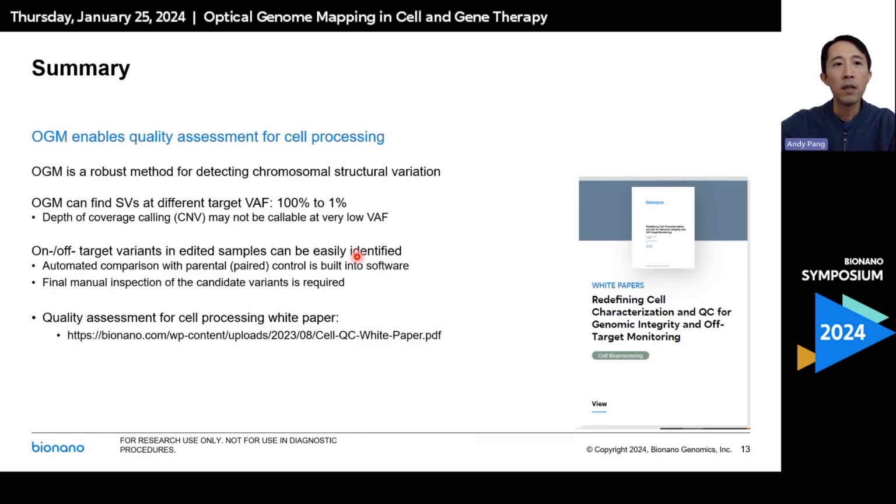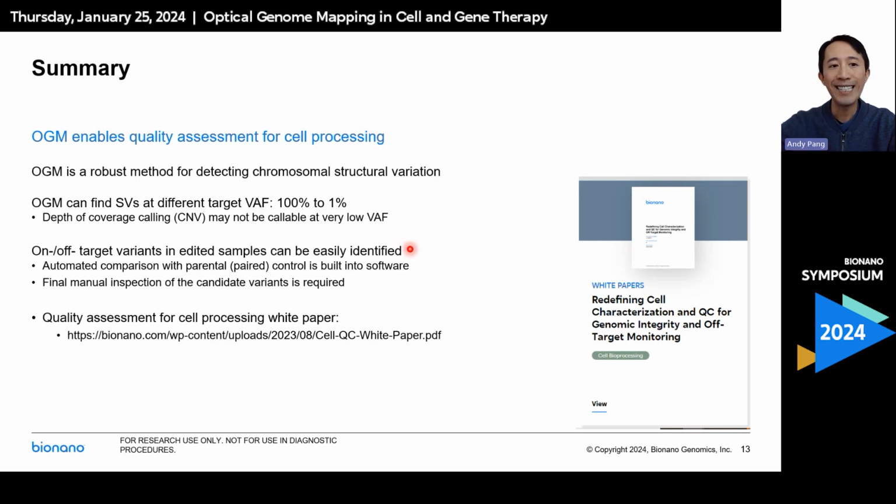So in summary, optical genome mapping enables quality assessment for cell processing. It is a robust method for detecting structural variation, and can identify variants from 100% down to 1 to 2%. But the depth of coverage CNV calling algorithm may not be able to call very low VAF events.